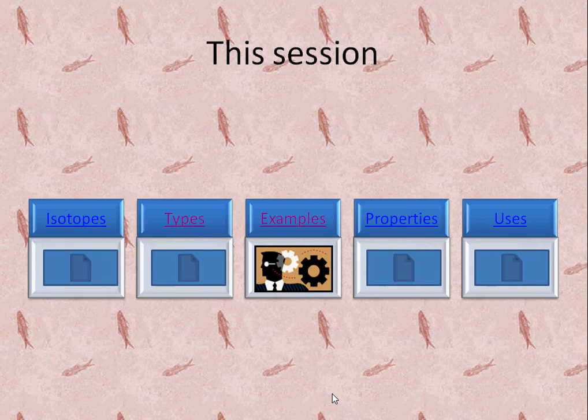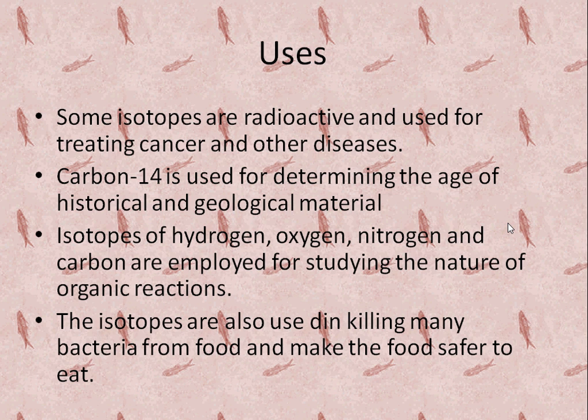So friends, here I have completed 4 sections. Fifth is the uses of isotopes. What are the uses nowadays? In each and every sector, isotopes are being used. Basically, the radioactive isotopes are more useful than the stable isotopes, as some isotopes are radioactive and used for treating cancer and other diseases.